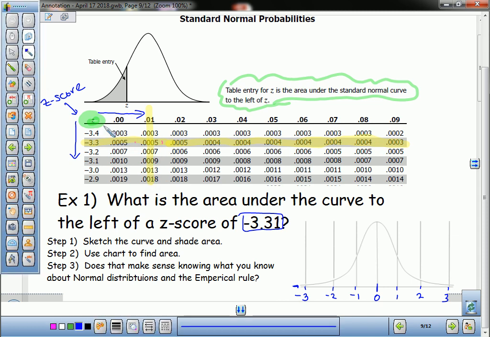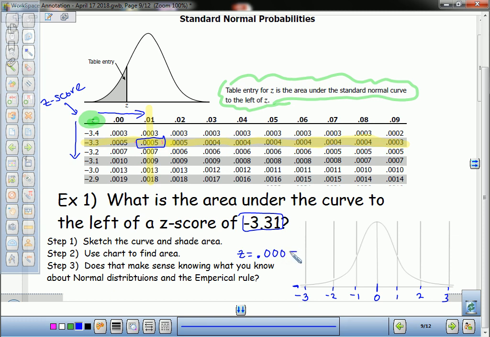So what area is associated with a z-score of -3.31? 0.0005.